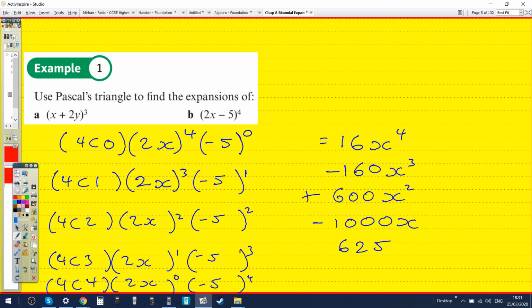Using your answer to part B for this one, what would be the expansion of 2x plus 5 to the 4? Would the signs all be opposite the whole way? So if you were expanding brackets and they had all pluses in them, would every second... So there'll be no negative. Yeah, and so what would be the expansion for this? The same, but without the negatives, everything positive. Yes.